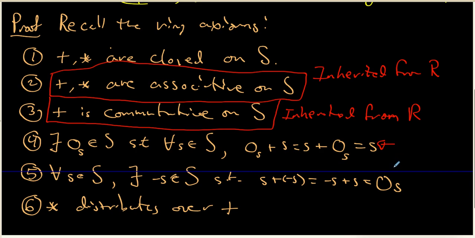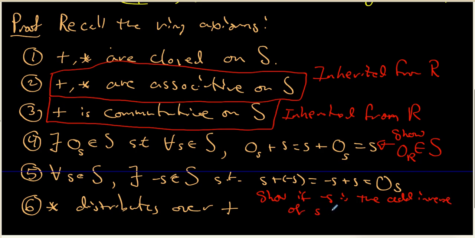We already know that if S does turn out to be a subring, its additive identity is going to be the same as the additive identity in R. So what we want to do here is show that the 0 for R actually belongs to S. And for showing additive inverses belong to set S, what we want to show is that if minus s is the additive inverse of little s inside the ring R, then minus s will belong to set S.